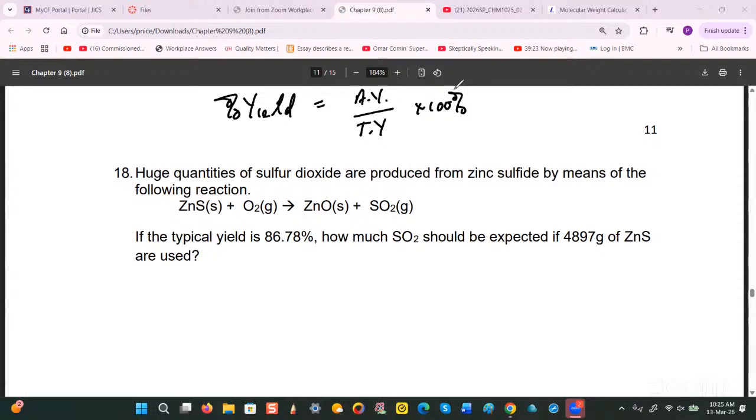But of course, we don't live in a perfect world, so more often than not, the actual yield is less than the theoretical yield, which means that the percent yield would be less than 100%. In terms of actual numbers, in practice, if you do a reaction and you get a percent yield above 80%, you're doing pretty good, because for most reactions the percent yield is lower than that.